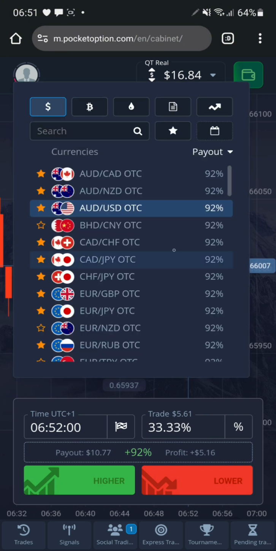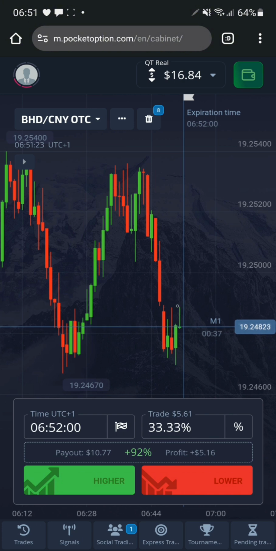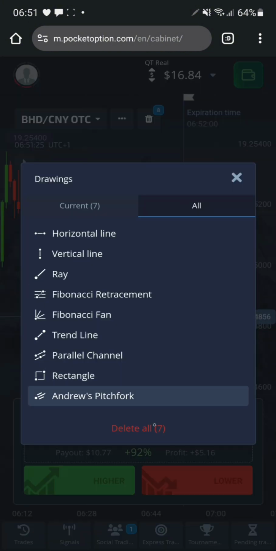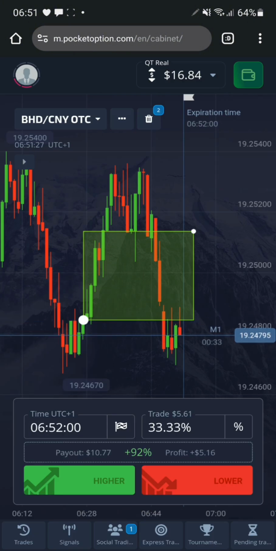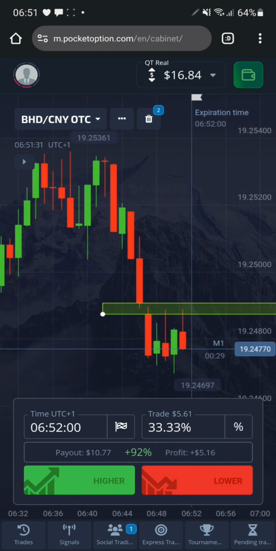I can't see any opportunity here. Okay, there's an opportunity here. This is a supply area. Price has rejected off of it twice.